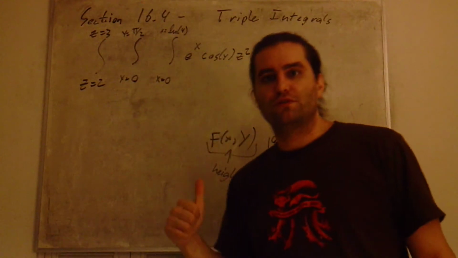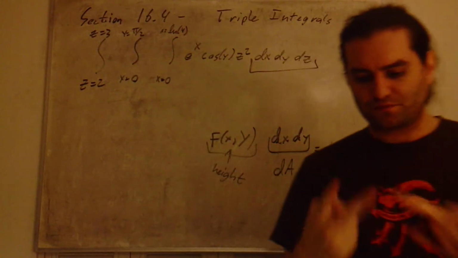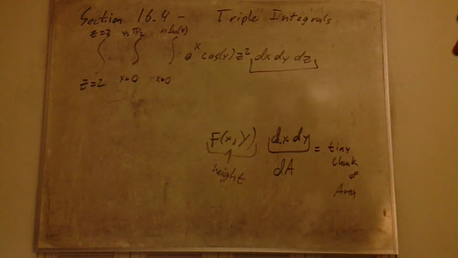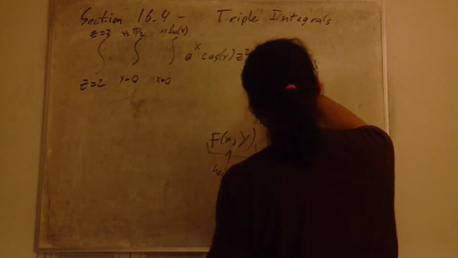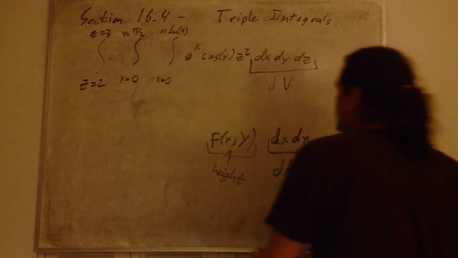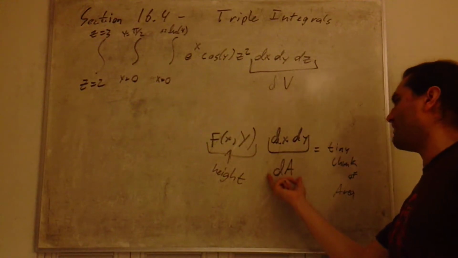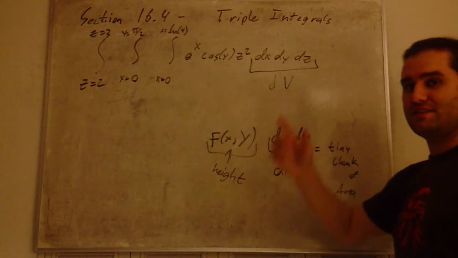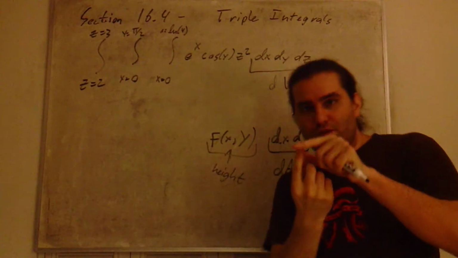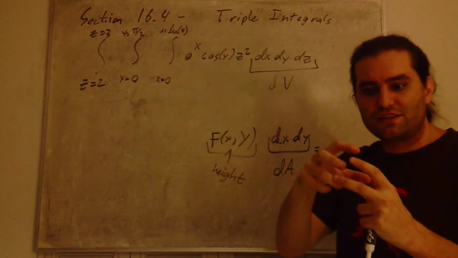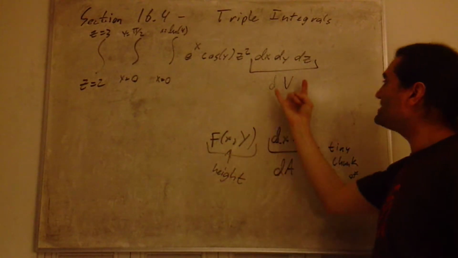When these triple integrals mean something, they will usually mean one of two things. This piece by itself is a piece of volume. In the same way that dx dy is a chunk of area, dx dy dz, with your tiny little box and your tiny little height, that's all three dimensions. When you multiply those things together, you have a tiny little box of volume. So this is already a volume.